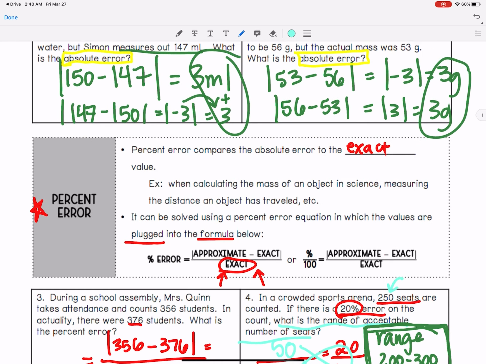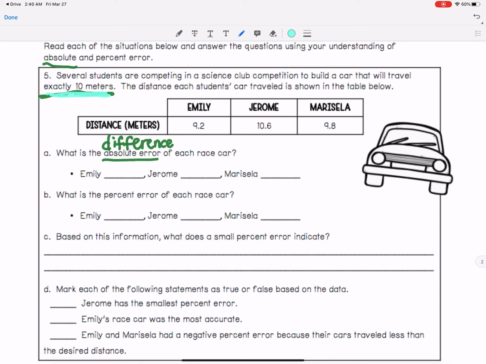Well, this question down here says our exact value is 10. So we're going to take the approximate value, subtract 10 from it. So what's the absolute error of, let's start with Emily's race right here. I would take the absolute value of 9.2, and I would subtract my exact value of 10.